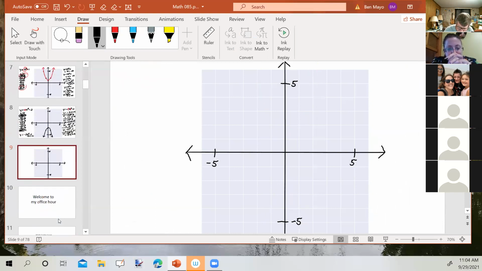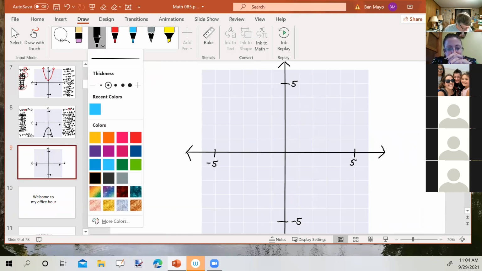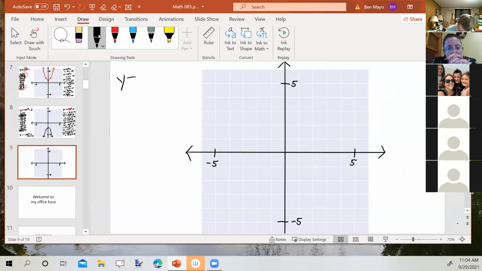Okay, we're going to look at one more of these graphs. Let's say we have the following. Y equals x cubed plus 1. Okay, x cubed plus 1.